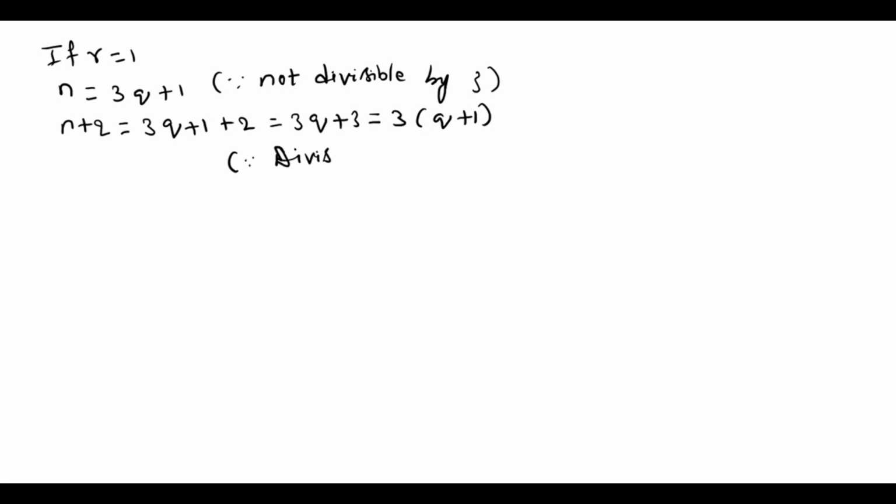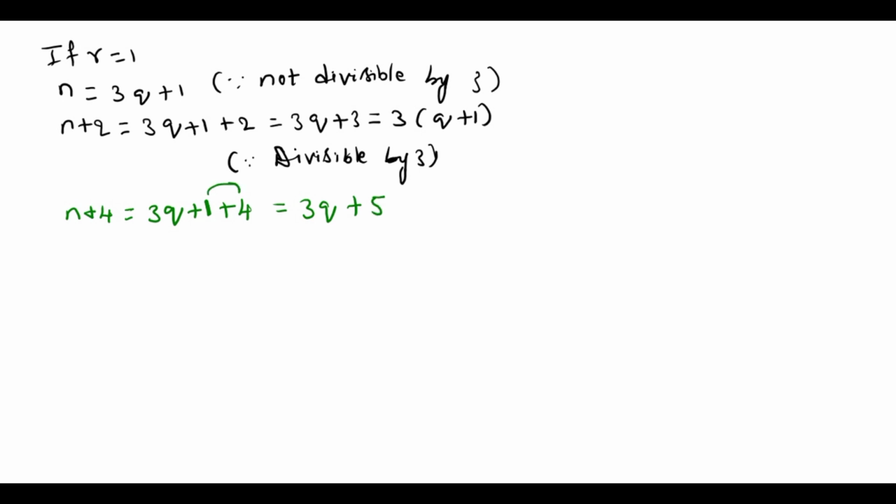Correct? So this is divisible by 3. And another condition here, that is n plus 4. What is n actually we have taken? That is 3q plus 1. Plus 4, then we get 3q plus 5, since 1 plus 4 is 5.